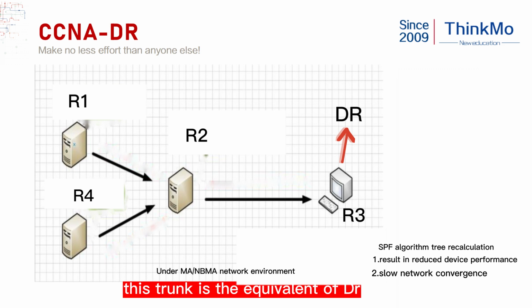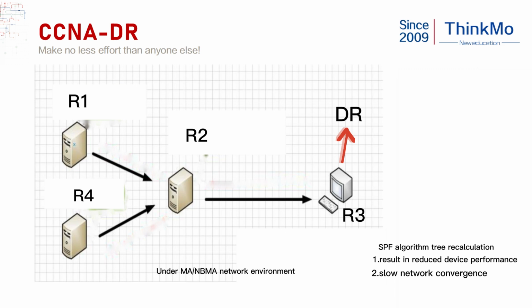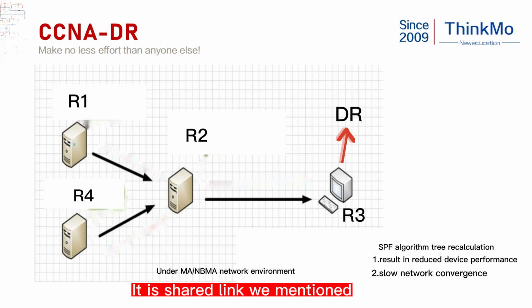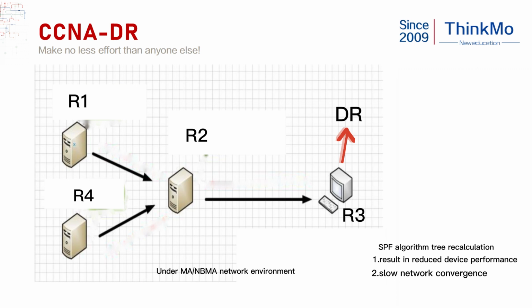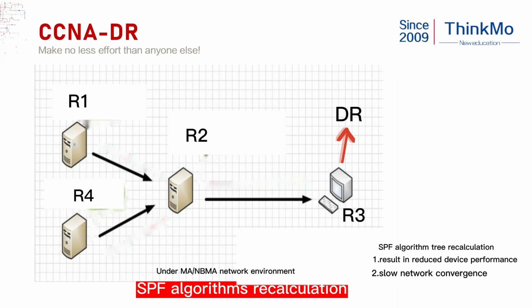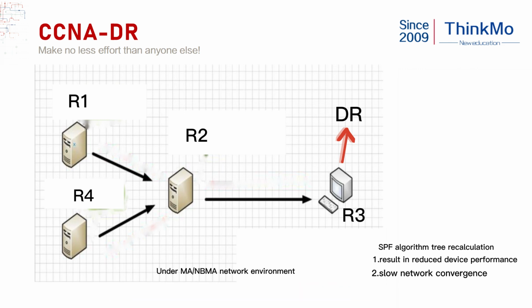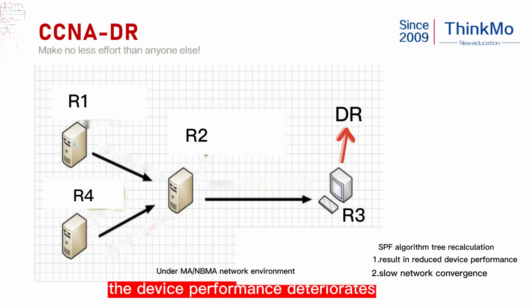This trunk is the equivalent of DR. It is the shared link we mentioned. If DR changes, the values have to be recalculated. So once the DR is preempted, it will result in multiple SPF algorithm recalculations. The device performance deteriorates.